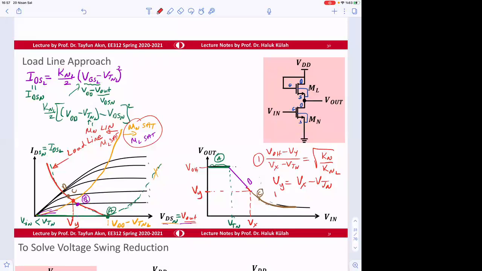Because this is V out is equal to V in minus Vtn. This is the point where Mn becomes linear. So that's the critical point.